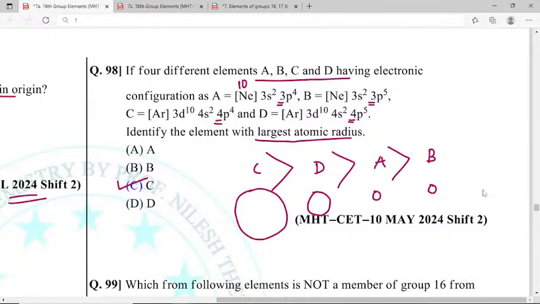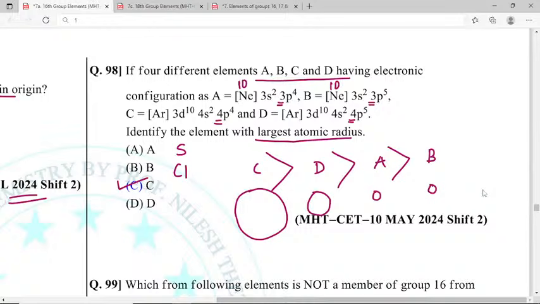16. 16 stands for sulfur, so A is sulfur. What is B? 10 plus 2 plus 5, how much? 17. 17 is chlorine. Argon stands for... I think this is wrong.